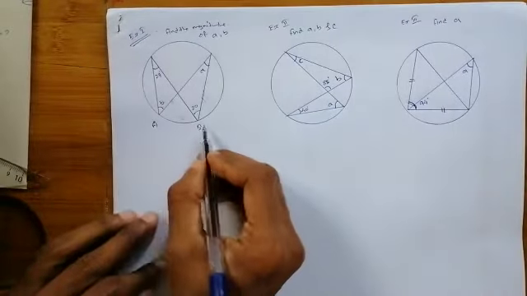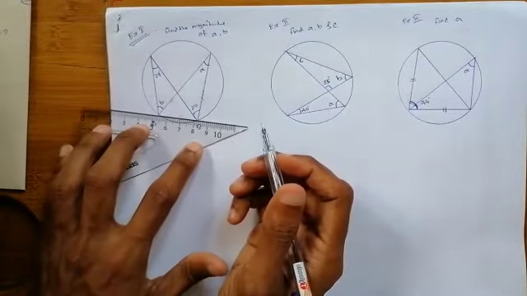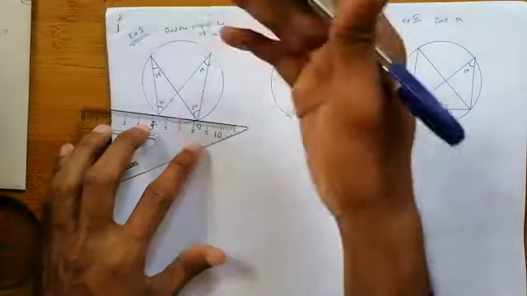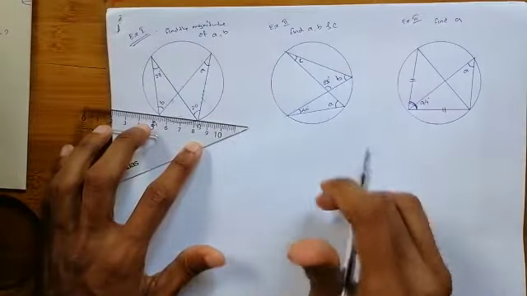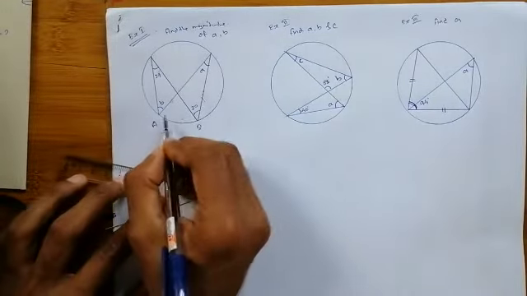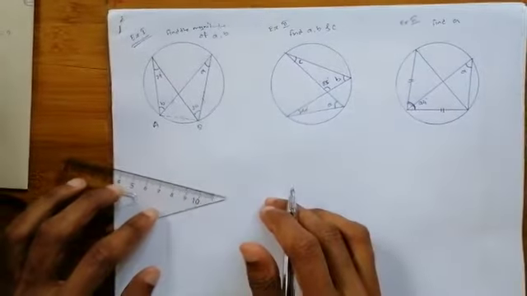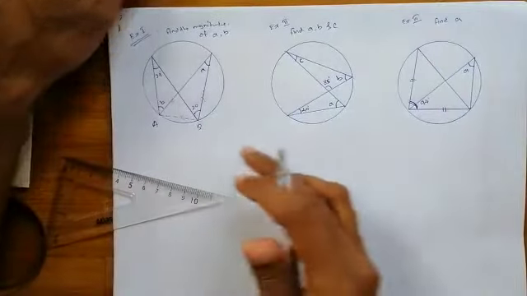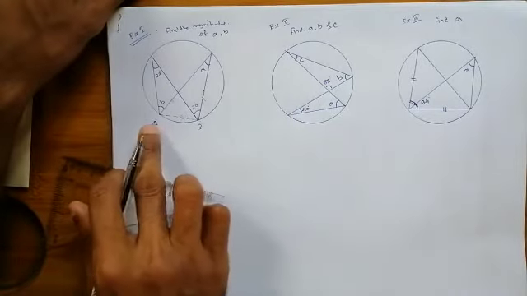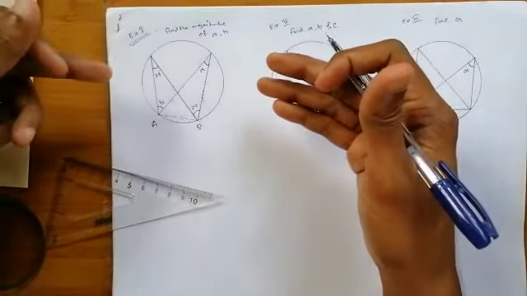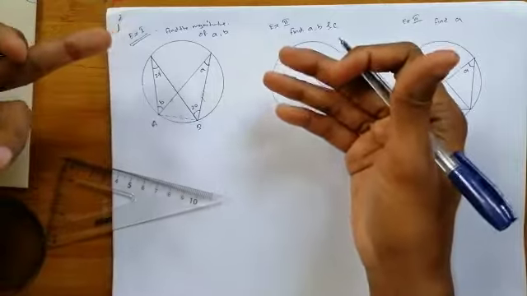If you imagine connecting AB, those angles are on the same side of AB, on the major segment, the same segment.